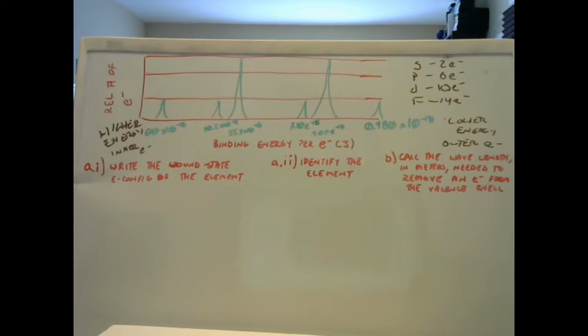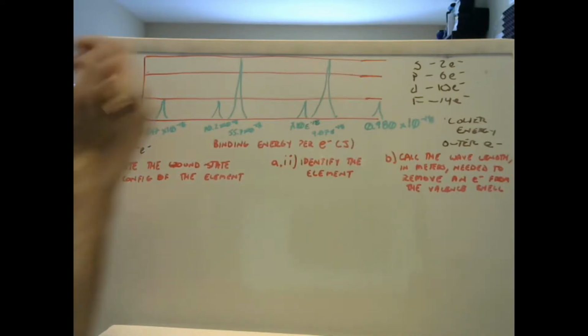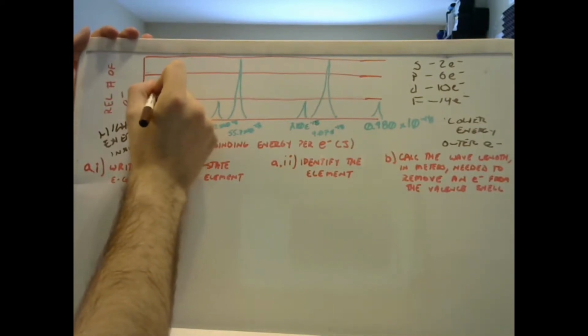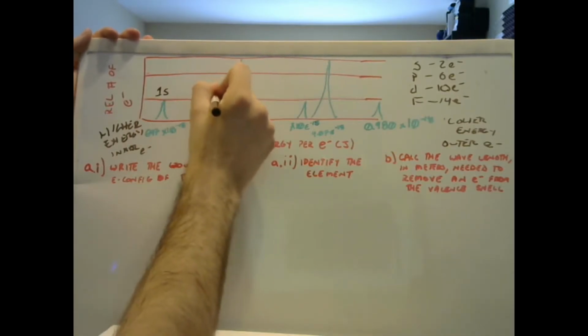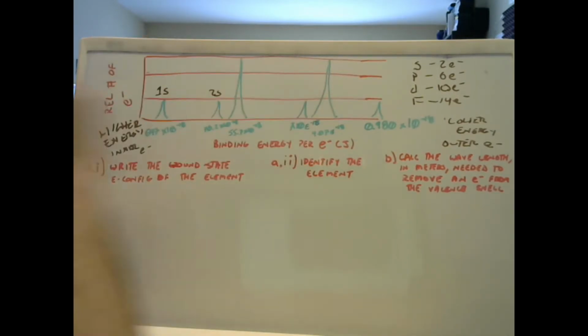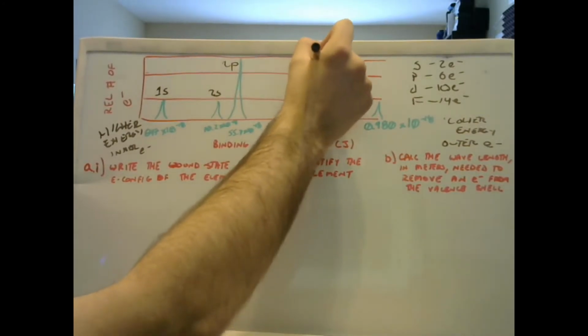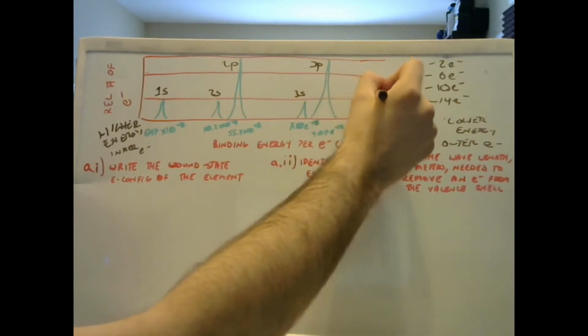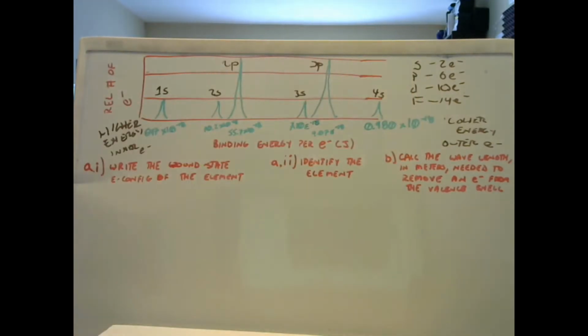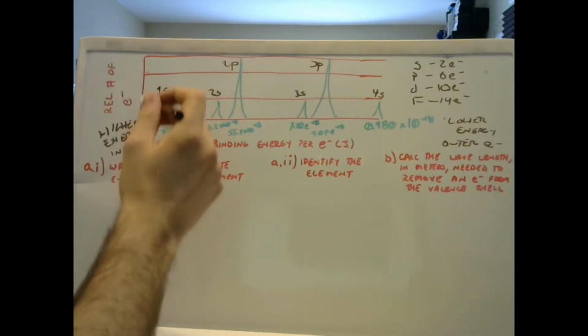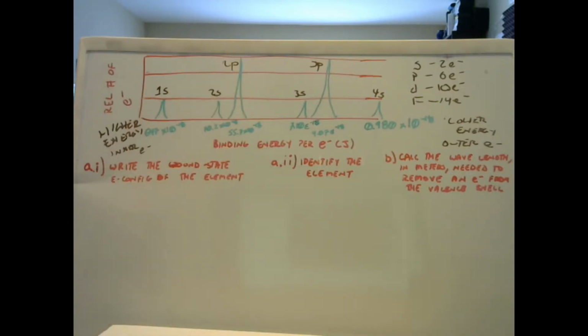Again, just some hints. Once you have that, you go, okay, well, this then would be your 1s, 2s, counting from left to right and going through your filling process. 2p, 3s, 3p, 4s. Okay, left to right. And because each of these peaks are all the way up to the line, we know that they're full.